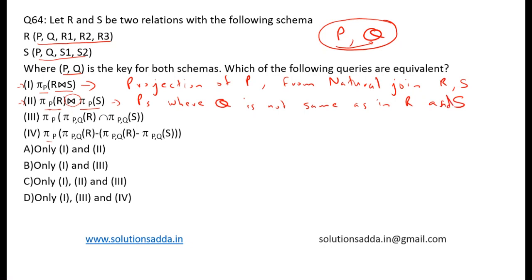We are taking the P, then performing the natural join. Now let's see the third one. This is essentially performing an intersection based on P and Q, then projecting P. This is similar to the first one. This and this are the same.